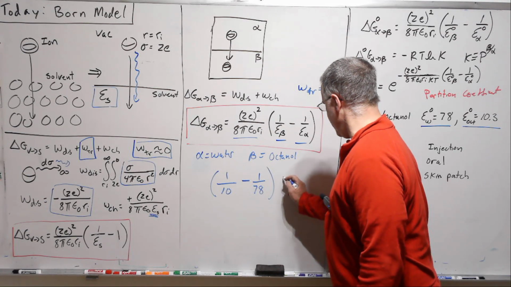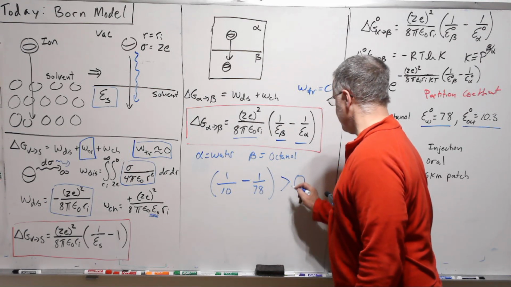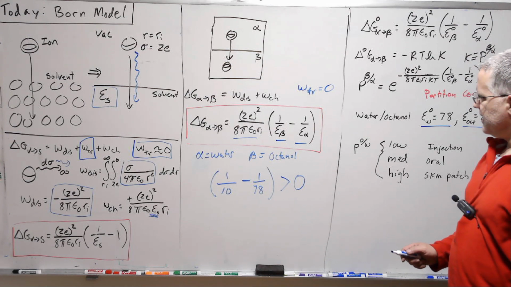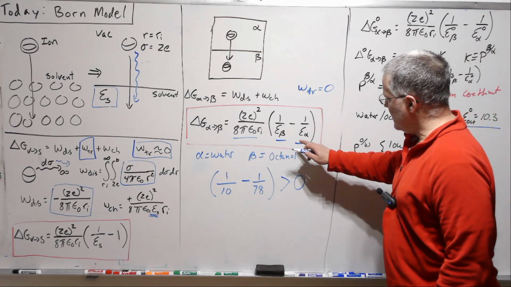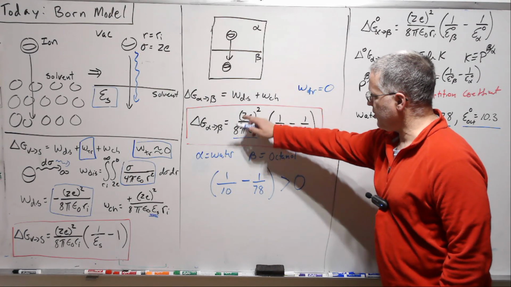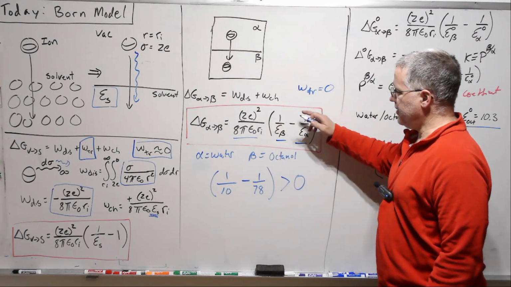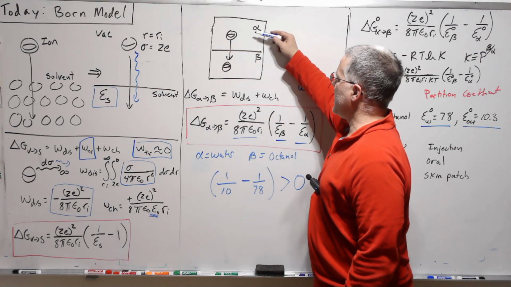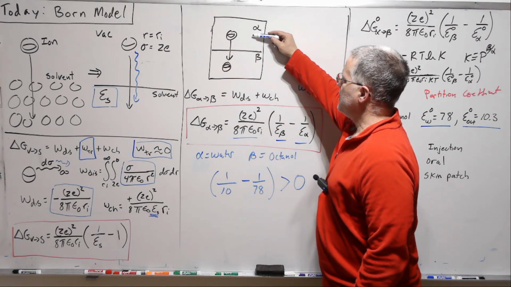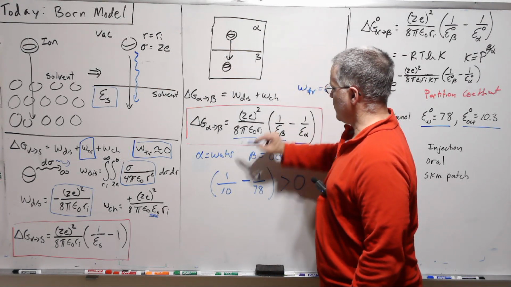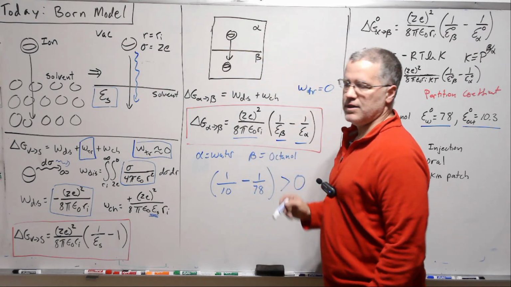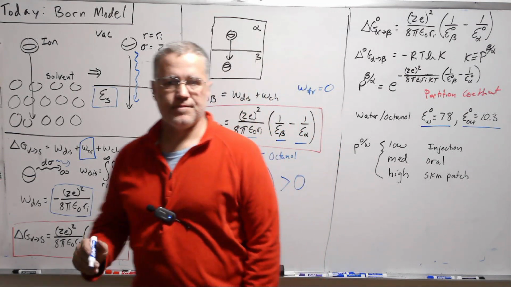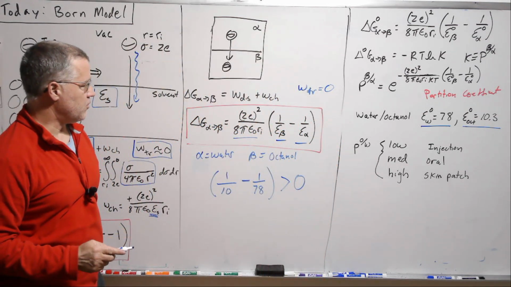Well, this is going to be a positive number, and that says this whole thing would be positive. And so it would be always unfavorable for an ion to go from water, because water is alpha, to oil, or octanol. Unfavorable.